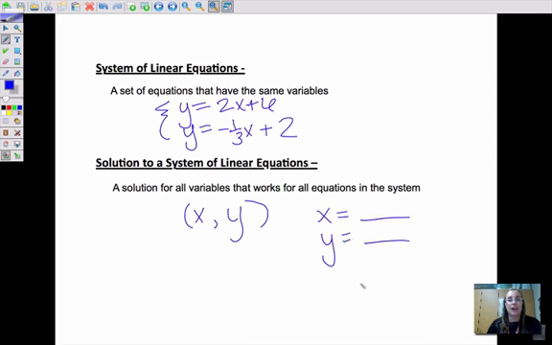You're going to find a number for all the variables, so in this case x and y, that works for all equations. So it should work in y equals 2x plus 6 as well as y equals negative 1/3 x plus 2. So we're going to look at what that looks like here. Go ahead and pause the video if you need to write these down, the definitions as well as the examples that I wrote down, and then we'll go on to some examples.